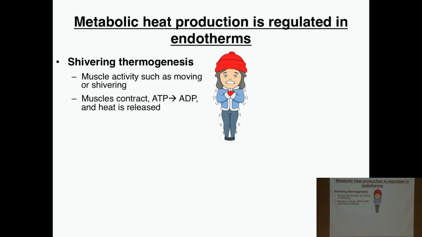You could be activating things in your liver and having all sorts of different reactions occurring. So when your muscles contract as you shiver, you're going to be doing whatever you need to do to make ATP, and then you're going to be burning that ATP to power those muscle contractions, and these reactions are all going to release some amount of heat.